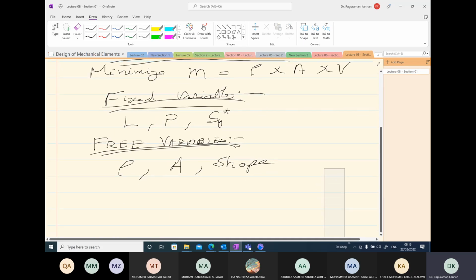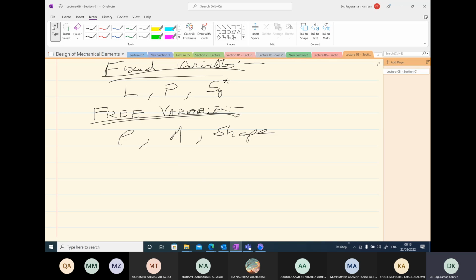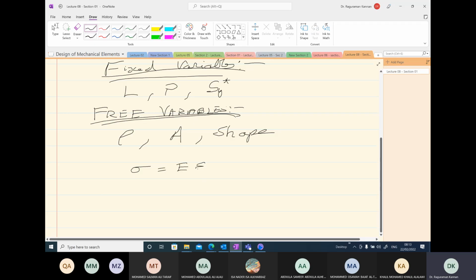So how do I write an equation? Assuming Hooke's law is valid up to yield strength, we can write some expression for the strength. Hooke's law is sigma equal to E times epsilon. So P over the area of cross section is equal to E times change in length over original length.